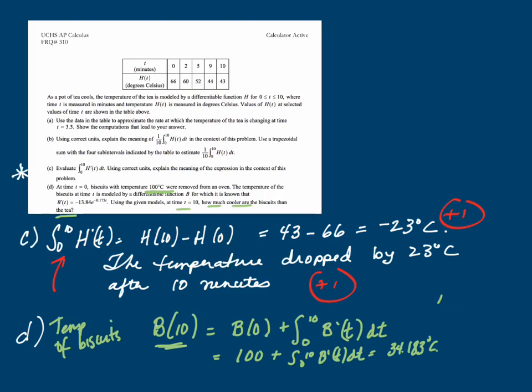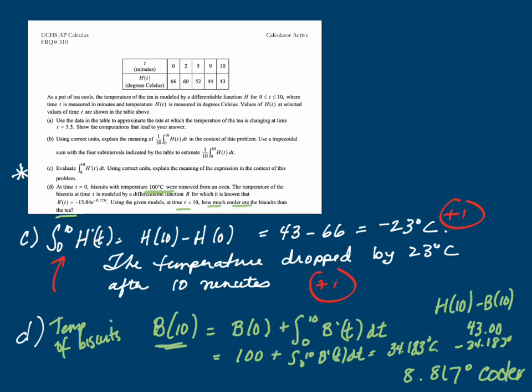The temperature of the tea, so h of 10 minus b of 10, which is 43 degrees minus 34.183 degrees, which equals 8.817 degrees cooler. Okay, so that was D.